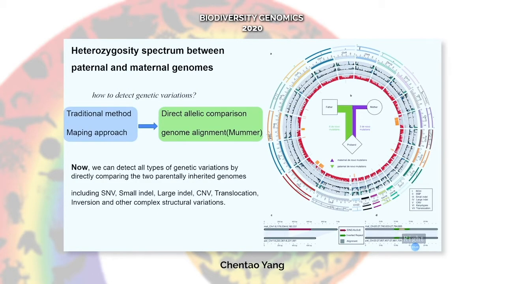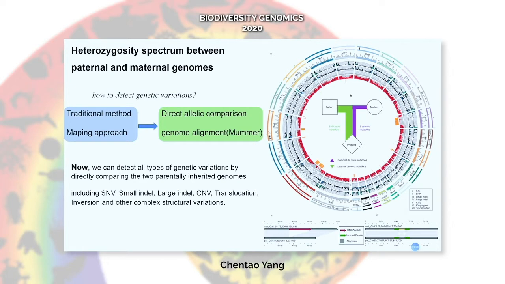Based on these high-quality assemblies, we got a chance to investigate the genetic differences between two haplotypes. In traditional genome sequencing efforts, heterozygosity was normally estimated by mapping the sequencing reads onto a mosaic reference genome, resulting in limited phase information of the heterozygous variants.